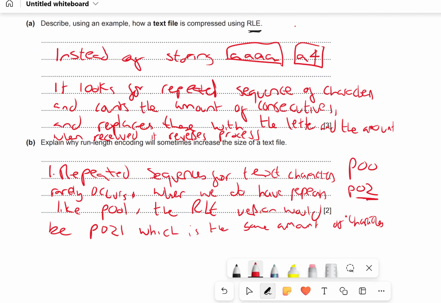I can't envisage it increasing the size, but I can keep it the same. So yeah, that would be my answer. I'm hoping that makes perfect sense to you.